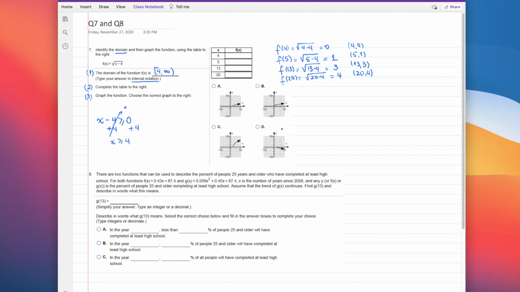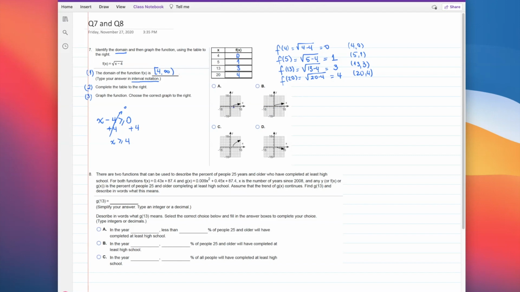And then here on the second part it is asking you to figure out what shape it would be. So (4, 0), (5, 1), (13, 3), and (24, 4). When x is 4, y is 0. And then let's see, here seems to be 2 by 2. And here cannot be this one because when x is 4, y is 0.